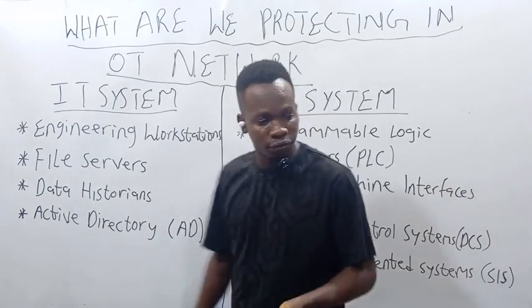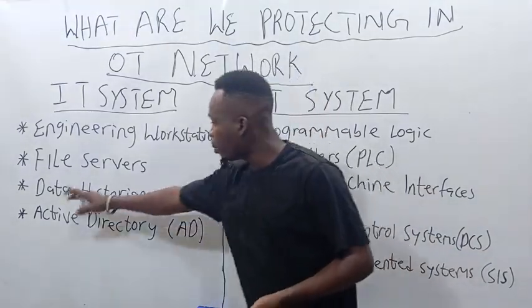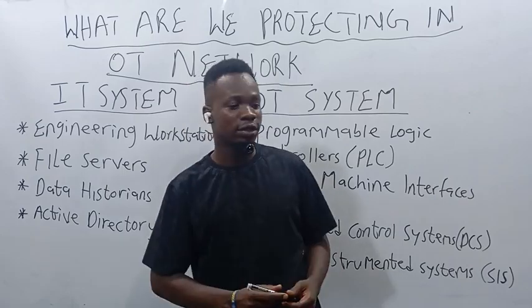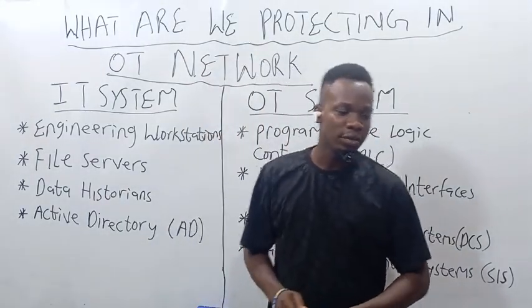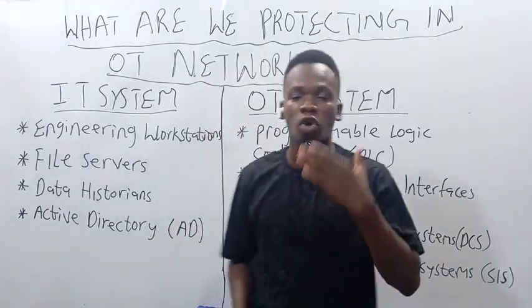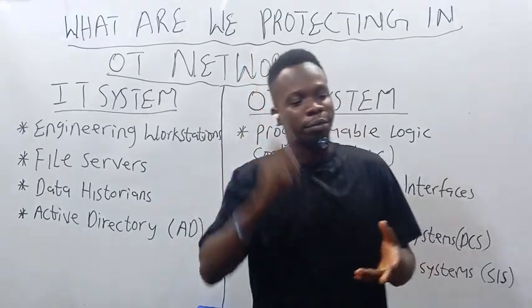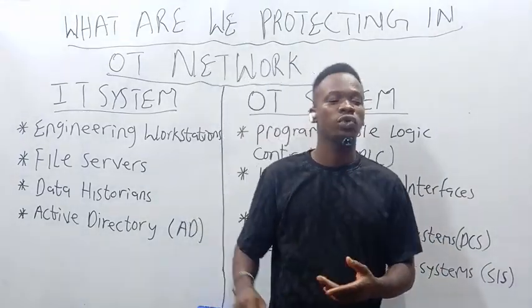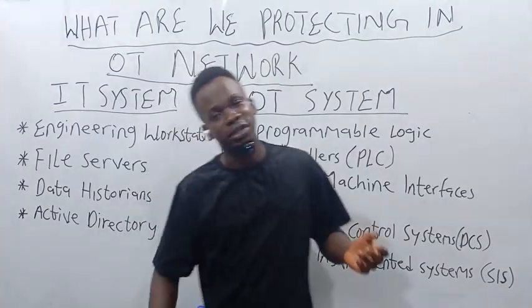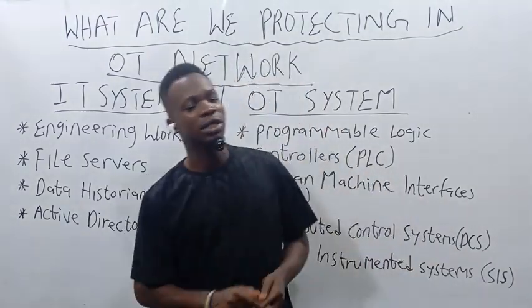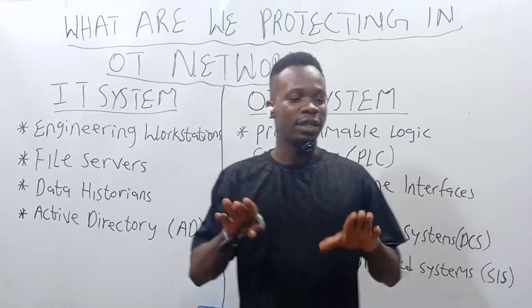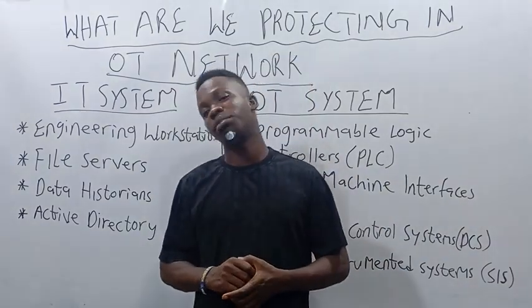Let's move to number three, which is the data historian. These are systems that collect and store process data used for trending, reporting, optimization, and also compliance. Why this matters is that operators and engineers rely on this data for decision making.